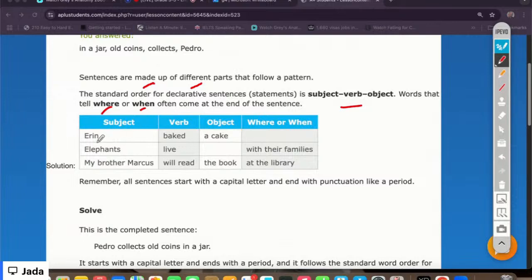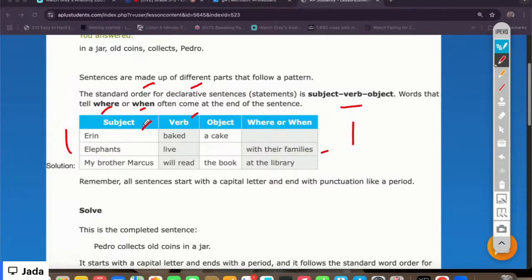So we can look at this box, and we have subject, verb, object, and where or when. So this is the right pattern that it follows. Erin baked a cake. Now, this is just subject, verb, object. Elephants live with their family.